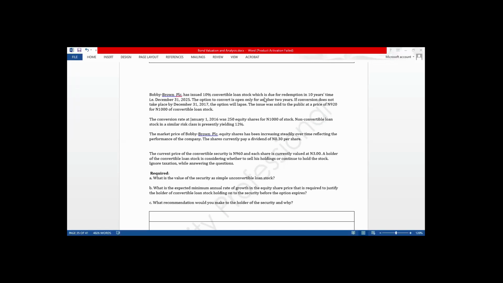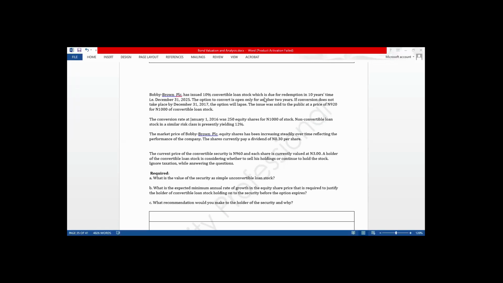You may be required to value redeemable bond, a bond with a specific repayment date. Or irredeemable bond, a bond without a specific maturity date.